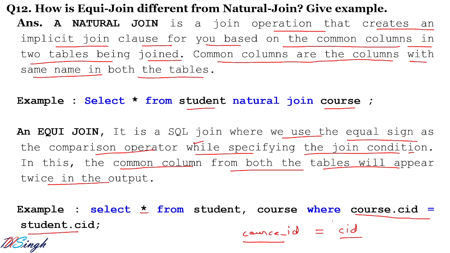I hope it is clear what is the difference between Equi-Join and natural join. The name of the column must be same for natural join for both the tables, but in Equi-Join you may have a different column name, but the data type must be the same for both the columns.